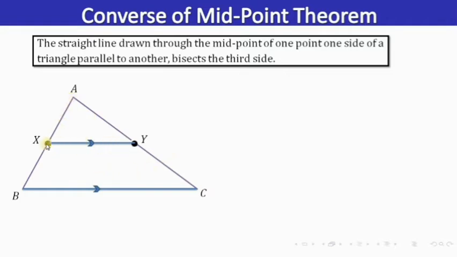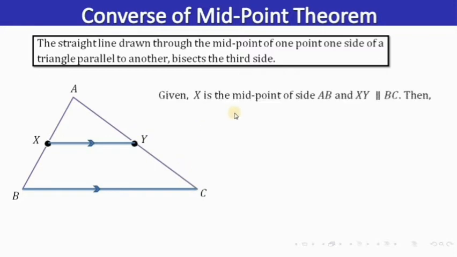I have already made use of this side and this side, so the third side is this one. This third side will get bisected. Bisected means AY and YC both will be equal, or in other words Y is the midpoint of AC.